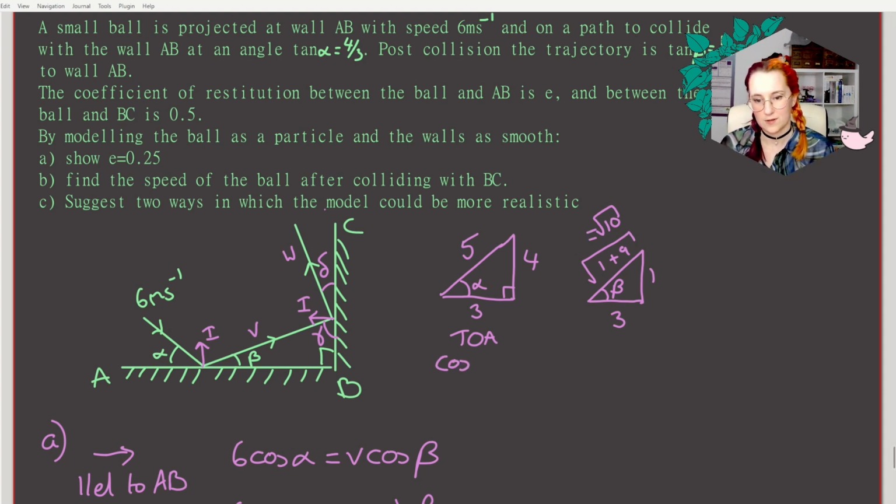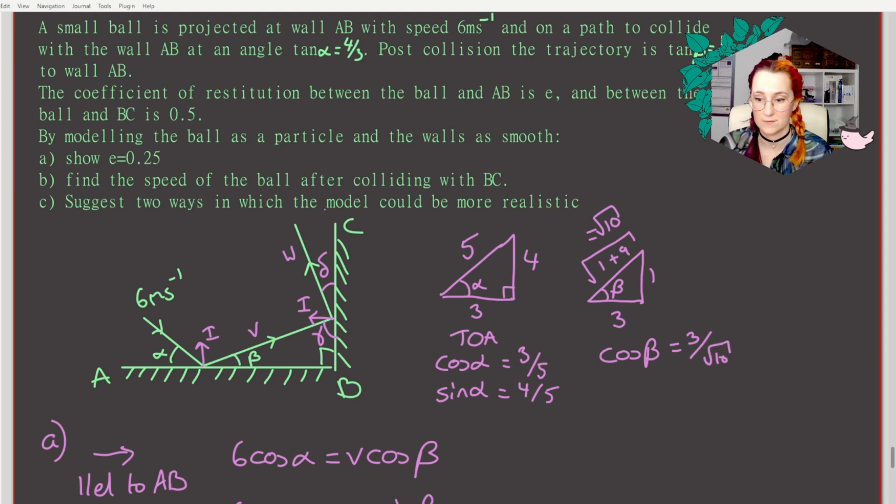So cos of alpha is adjacent over hypotenuse, so that's 3/5. And sine of alpha is 4/5. Here, cos of beta is adjacent, so that's 3/√10, I think.